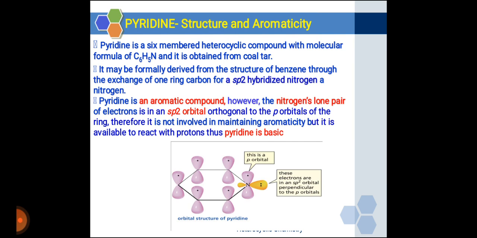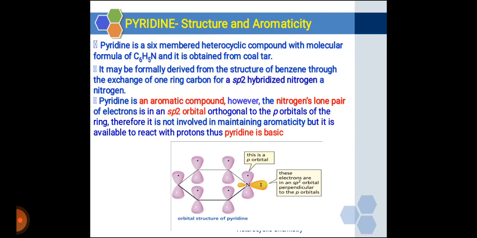So those electrons act as the basic nature in pyridine. Whenever a lone pair of electrons is contained in a molecule, it will easily act as basic in nature. Here nitrogen has one lone pair of electrons, that is the non-bonding electrons.